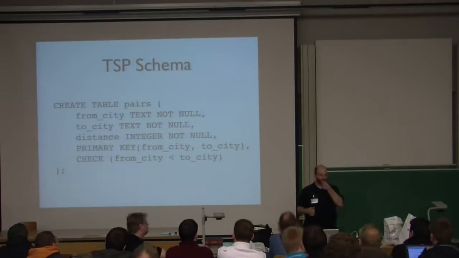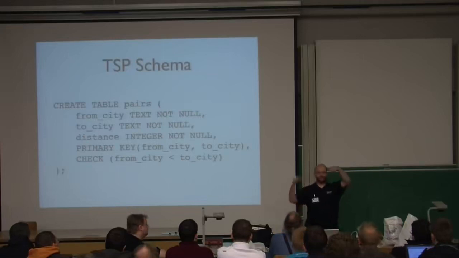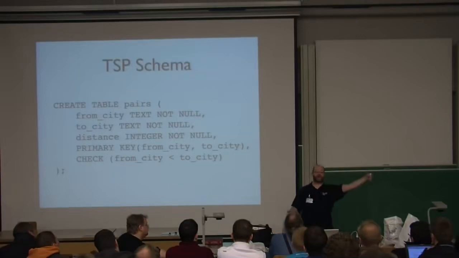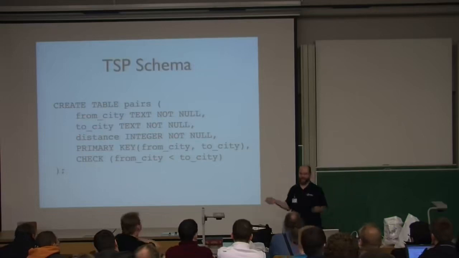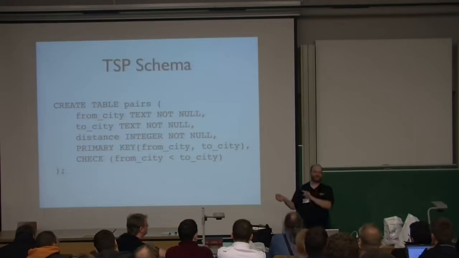You don't want to do it in the opposite direction. You just want to go either here to there or there to here, but you don't want to have what could be different distances. So we're assuming that the distance between, say, Bari and Bologna is the same as the distance between Bologna and Bari, and so we just limit it to only representing one of those.